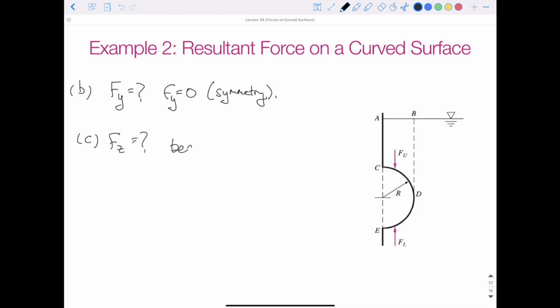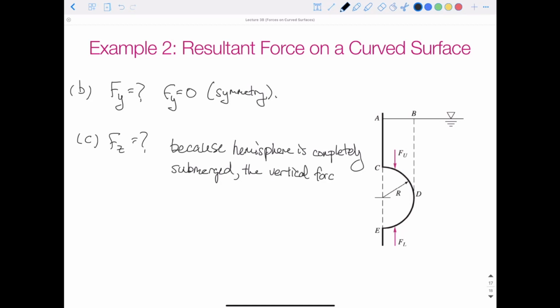Because the hemisphere is completely submerged, the vertical force surrounding the water is equal to the weight of the hemisphere if it was filled with that fluid.